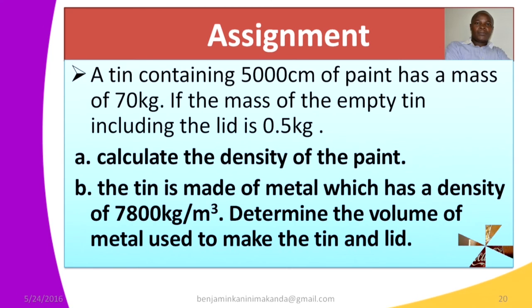Determine the volume of the metal used to make the tin and the lid. So these are the one question with two bits that you will have to attempt, and all this information can be derived from the discussion that we have just had.